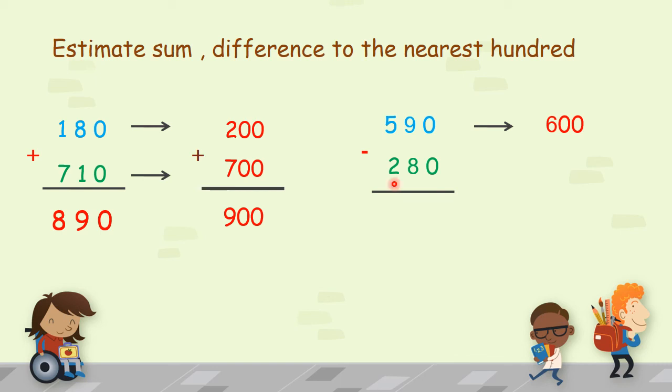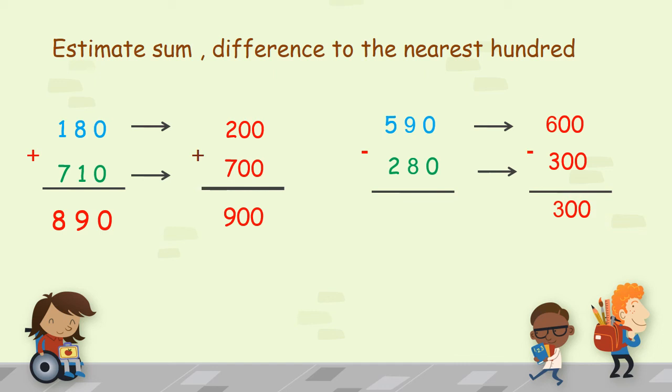Now here, are we going to round up or down? We're going to round up because our tens here is 8. So 300, and we're going to subtract. What will we have? 600 minus 300, so 6 take away 3, we will have 300 left.